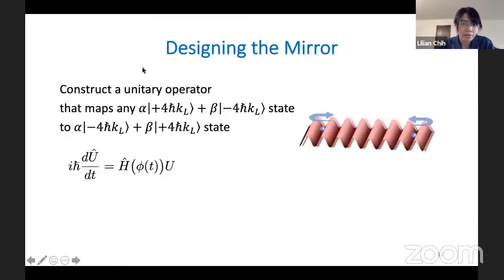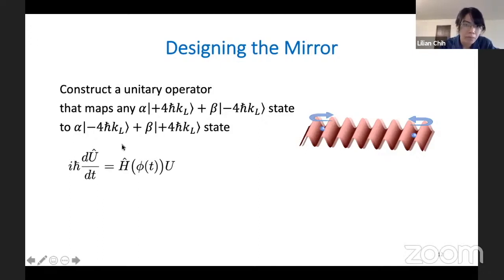The second task is to design the mirror. And what this means is that we need to construct a unitary operator that maps any superposition of +4 and -4ħk states to -4 and +4ħk states.